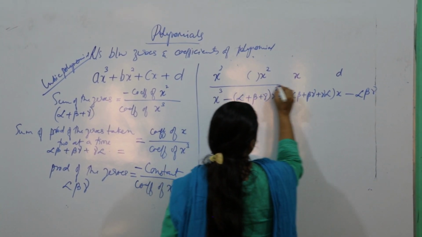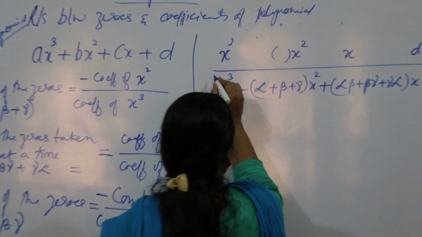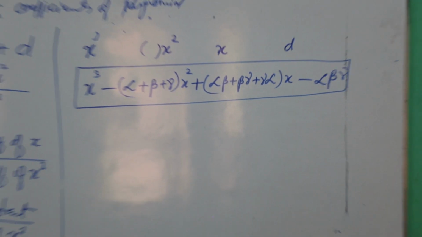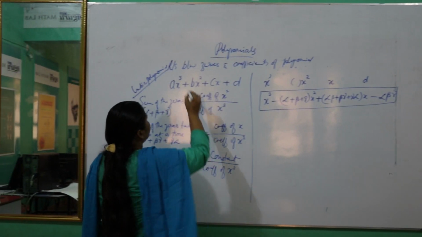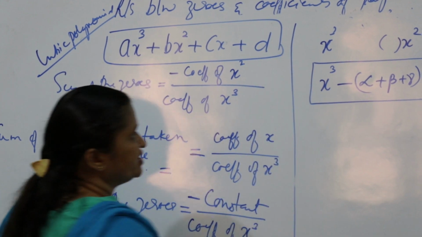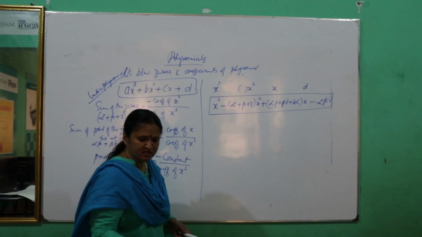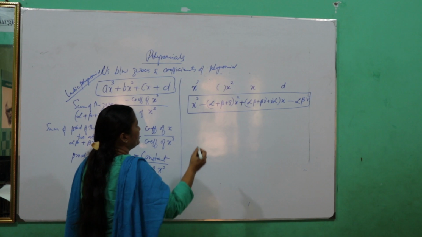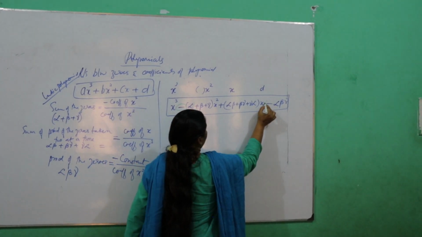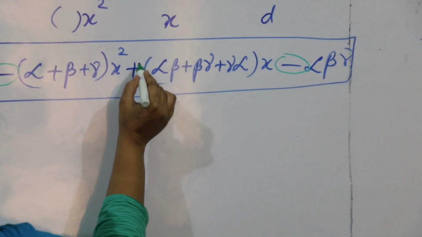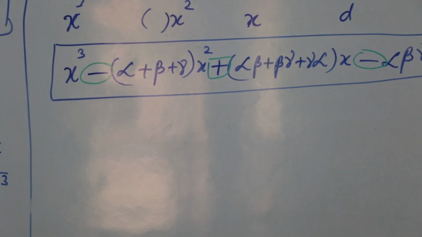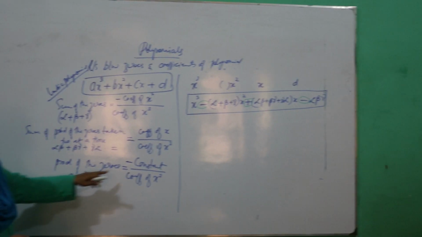So this is the cubic polynomial expressed in terms of its zeros, and this is in terms of its coefficients. You understand? If you notice, it's easy to remember. We have minus and minus, and then we have a plus in between. Right?